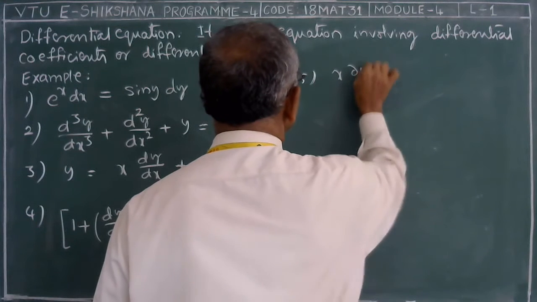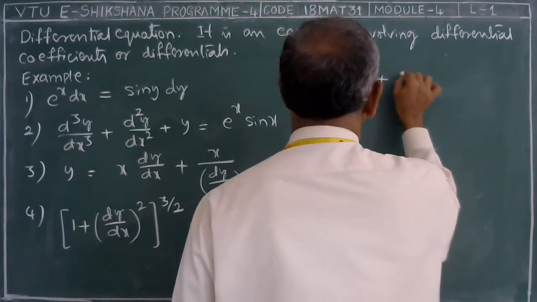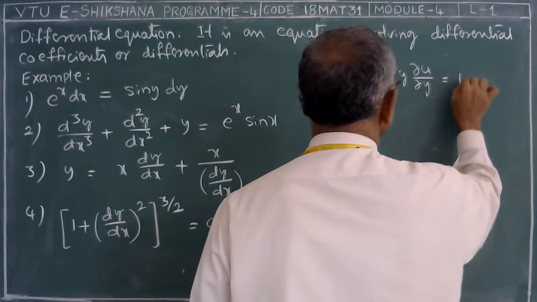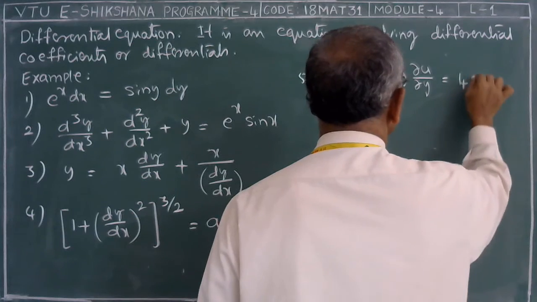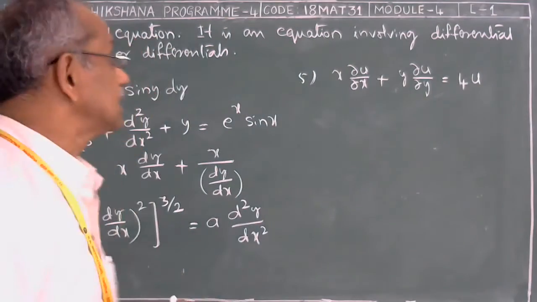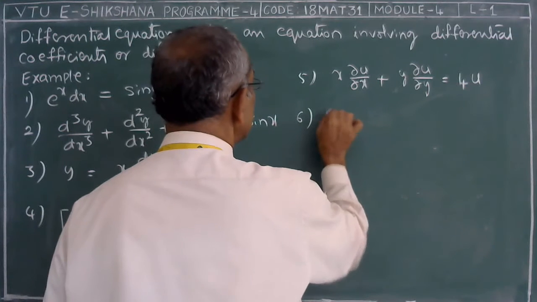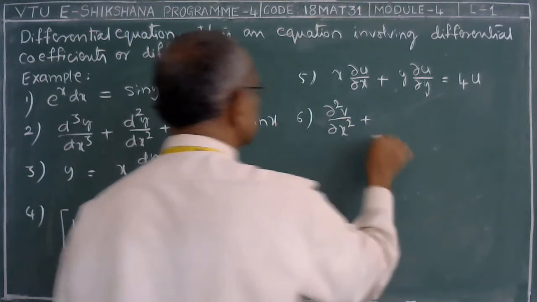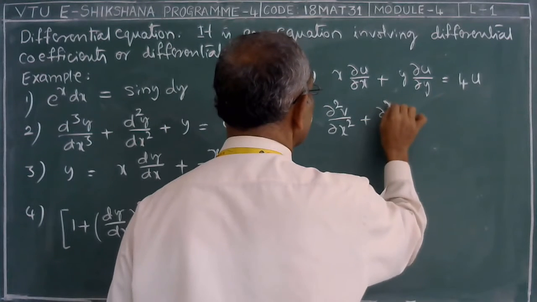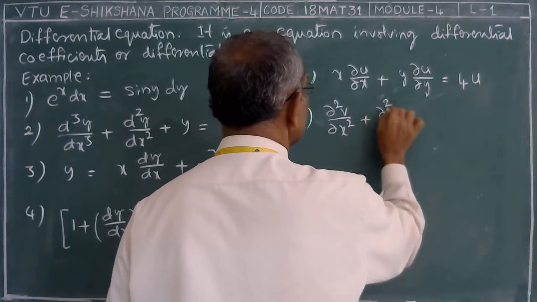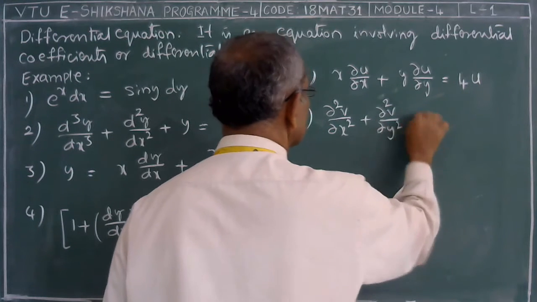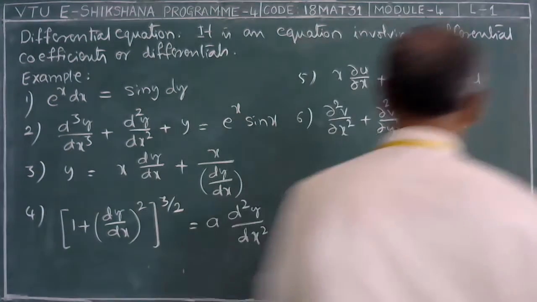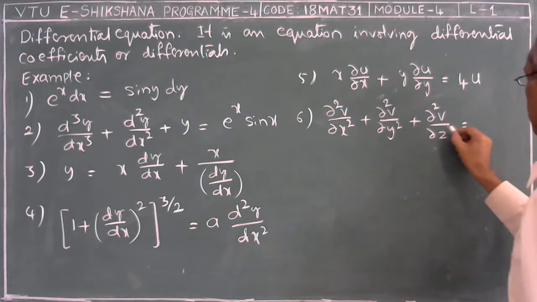x into dou u by dou x plus y into dou u by dou y is equal to 4 into u is another differential equation. 6: dou square v by dou x square plus dou square v by dou y square plus dou square v by dou z square is equal to 0 is another differential equation.